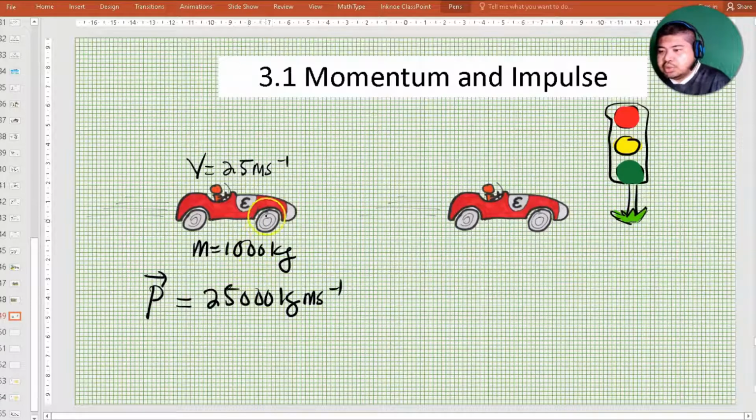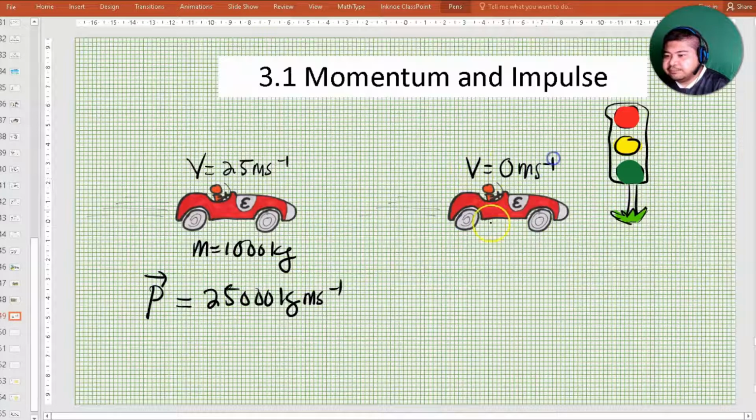Now, when the car sees a red light, it needs to stop. So the driver hits the brake, and the brake will apply a braking force to the car, and it's going to slow down the car until it comes to rest. Now the velocity of the car becomes 0 meter per second, and the mass is still the same, 1000 kilogram.